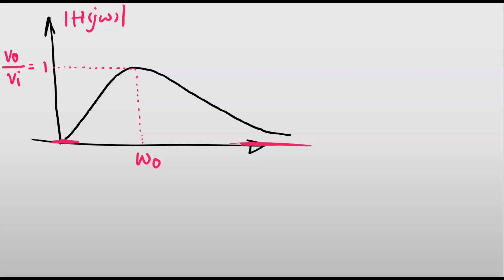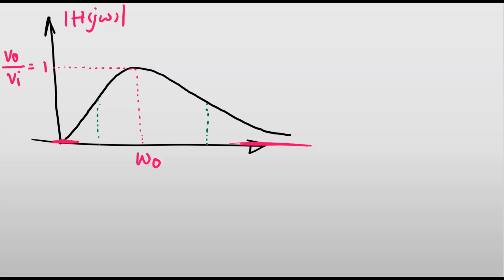But the question is, what is the range that I consider my output to be going through the filter, and what is the range that I consider the reject band or stop band of my filter? So now let's take a look at the frequency response characteristic. In this plot, we are going to consider two frequencies to be our cutoff frequencies.